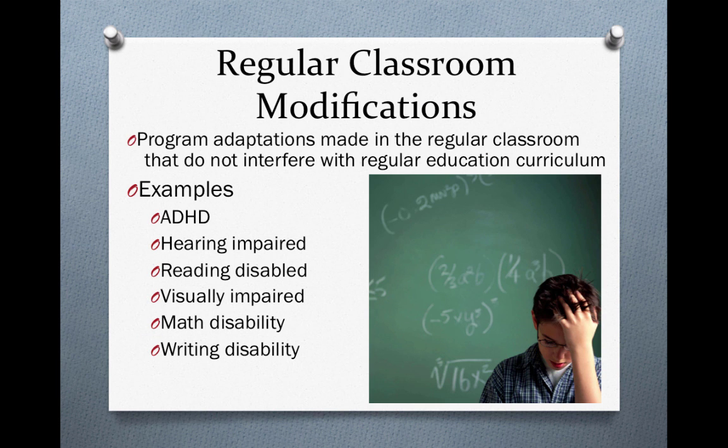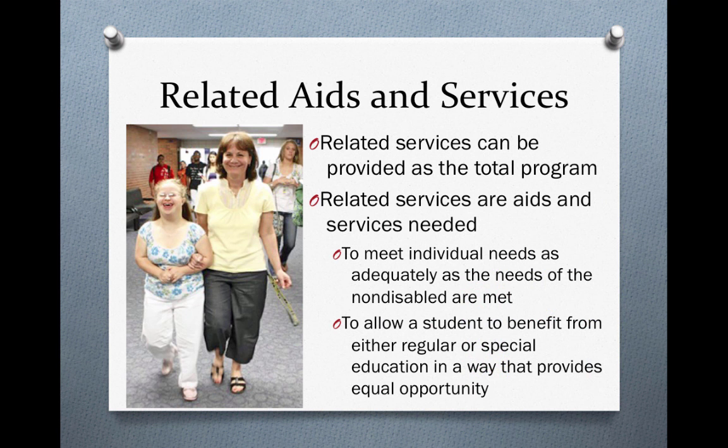So program adaptations are made in the regular classroom, and again for children with various types of disabilities listed here. But again, they're accessing the general education curriculum. Related services can be provided as part of this program, and again, they're to meet the child's individual needs to access the general education curriculum.